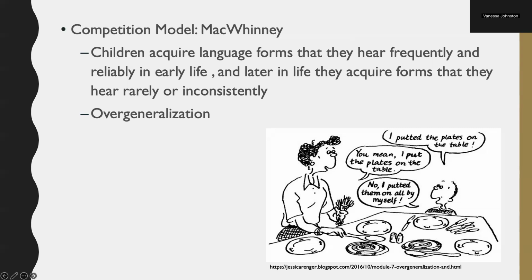The textbook gives the example of when children first apply regular past tense to an irregular past tense word. So go becomes goed because they're applying that rule. But then once they're exposed to the correct past tense, which is went, the incorrect form, goed, dies out.